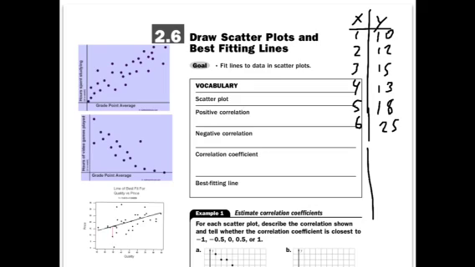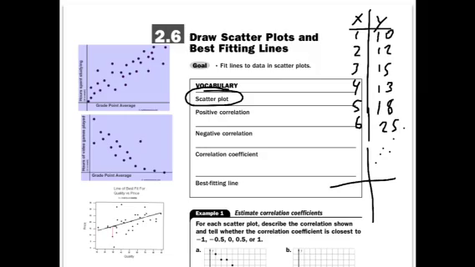Then you plot all those points on your graph: 1, 10, 2, 12, 3, 15, 4, 13, 5, 18, 6, 25. So that's a scatter plot, and I think you remember how to do that.